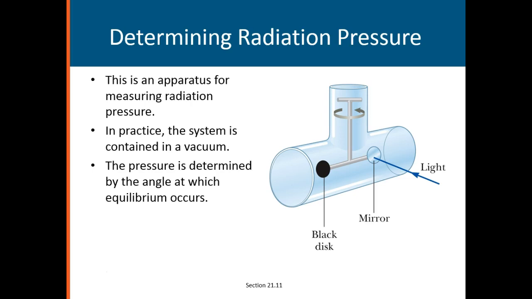So, what we have here is a black disc and a mirror. And light coming in from one end hits the mirror, and this has no input or output, so the amount of twisting force that you have there, the pressure is determined by the angle at which that equilibrium occurs and is established. Pretty nifty looking thing, very, very sensitive.